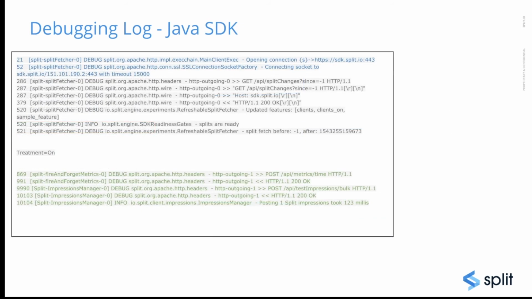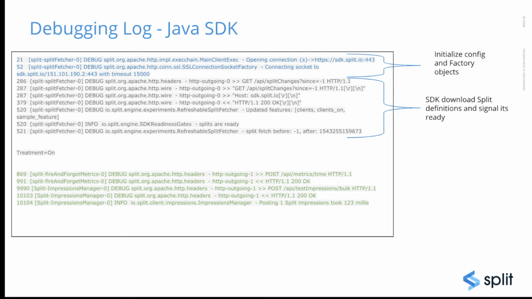Now here's the same debugging log using the Java SDK. As we can see, it's a little bit different, but it has the same conceptual sections that we saw on the JavaScript side. Here it initialized the config and factory object. Here we see the SDK download the split definitions and signal that it is ready.